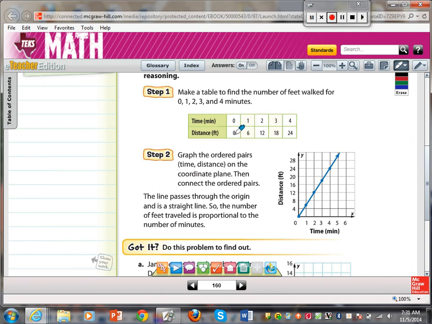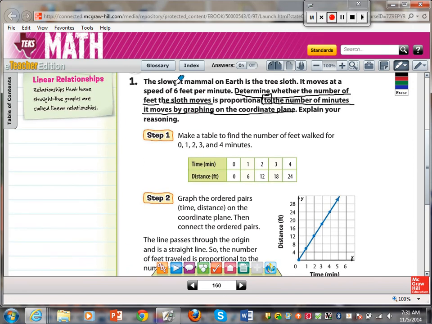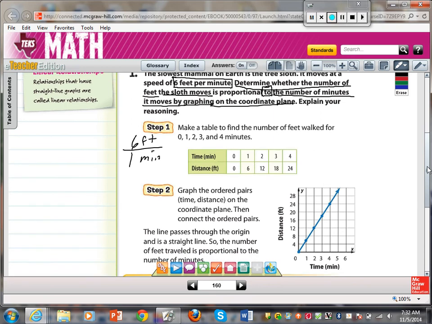That would be 0. Then at 1 minute, what was its distance? 6 feet, because that was given up in the example. 6 feet per minute, that should be boxed in. So that's your starting rate. 6 feet over 1 minute. In this case, they just so happen to put it upside down.